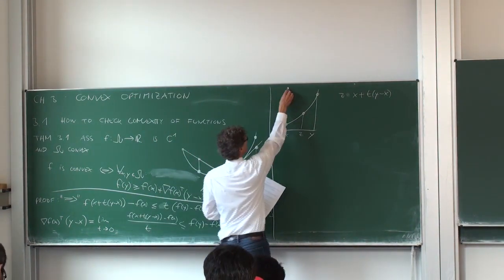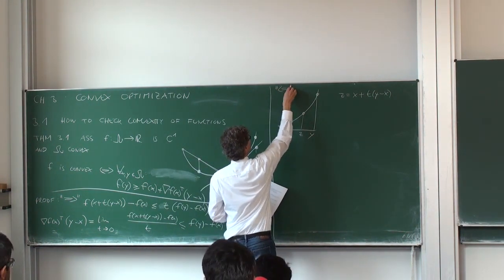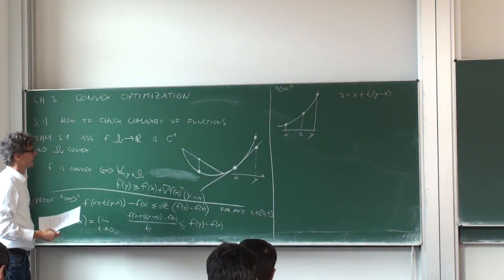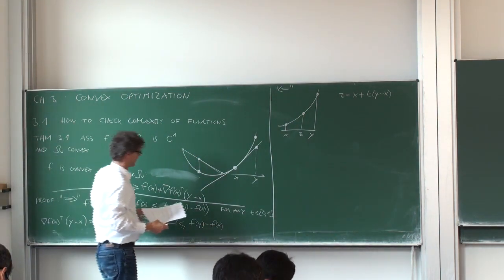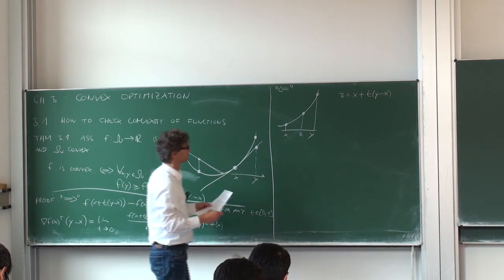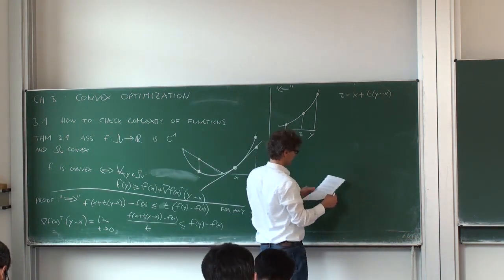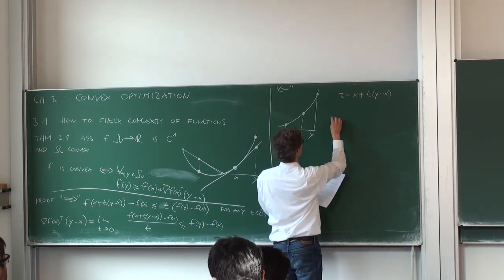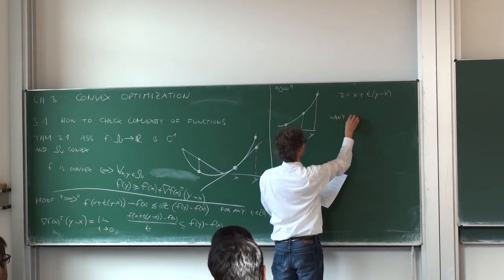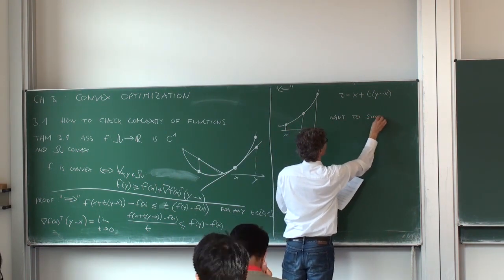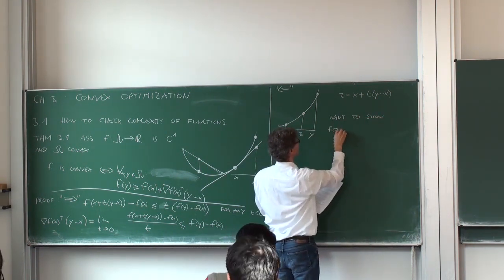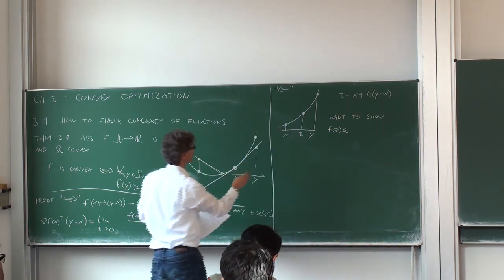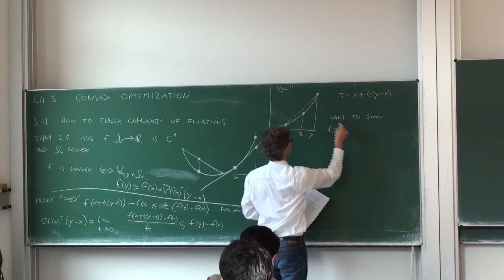So it's just a shorthand because otherwise I will get crazy. So this is the direction of the proof in the other direction. So from here to there. So we want to show that, what do we want? F of z should be smaller than the linear interpolation between f of x and f of y, right?